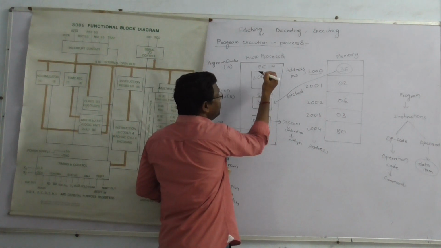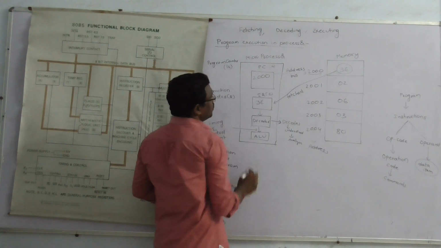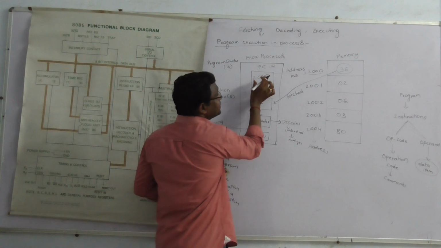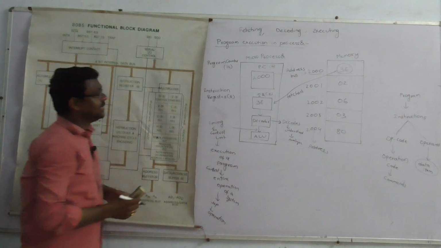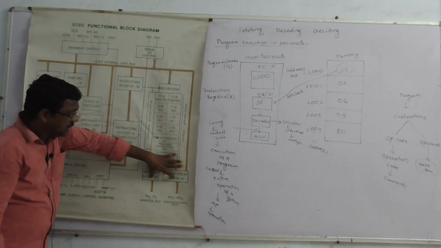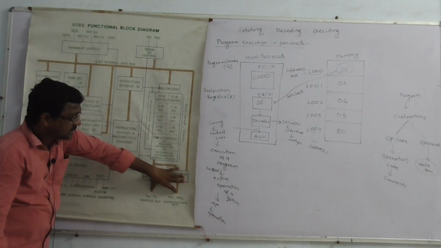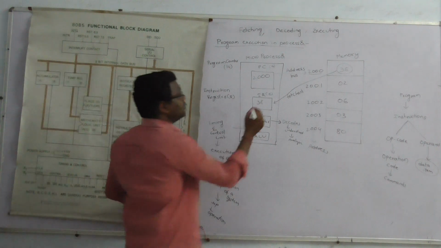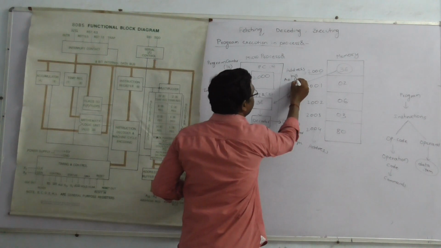The address in the program counter is sent to the address bus. You can send the address from A0 to A15.